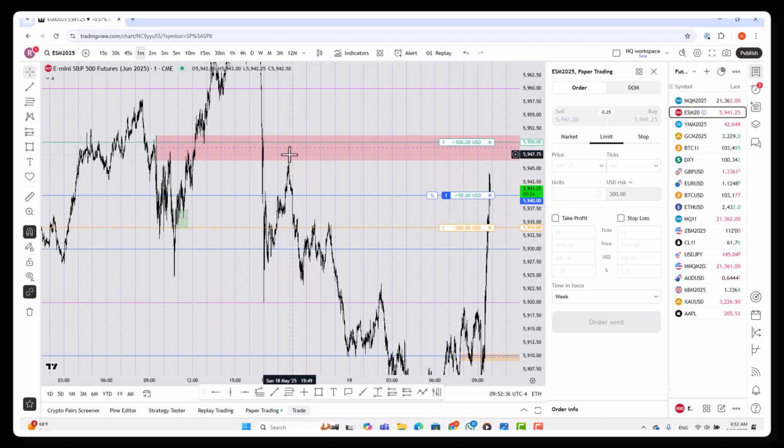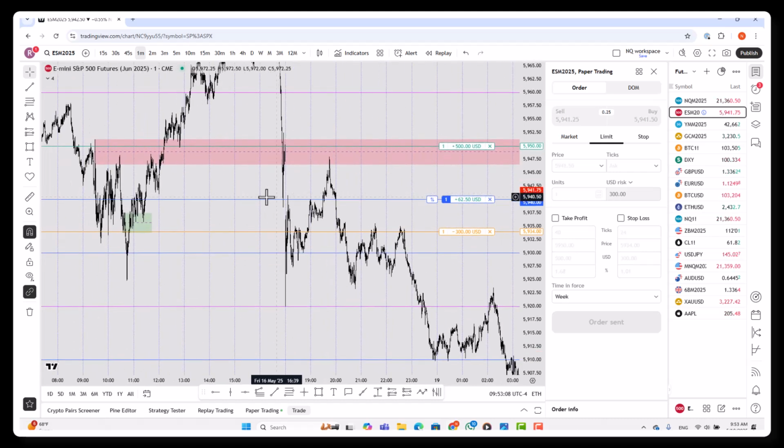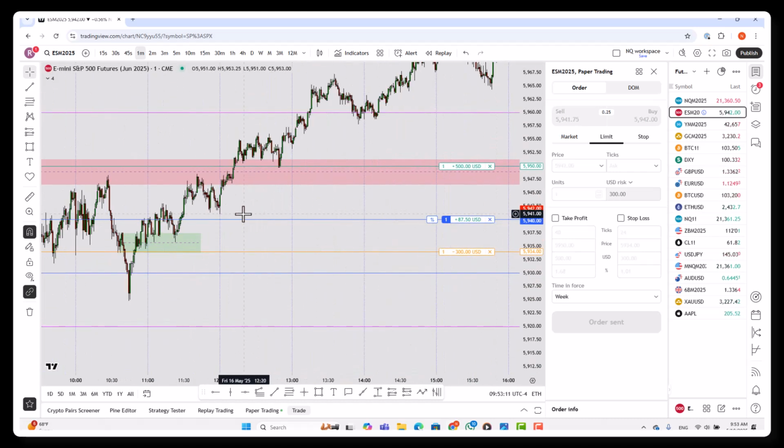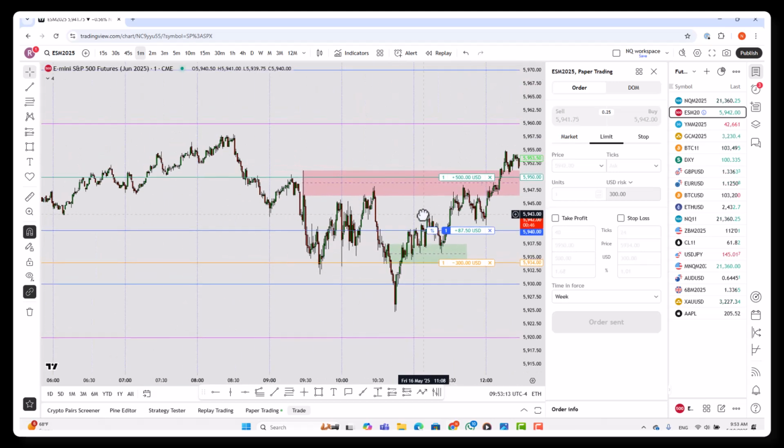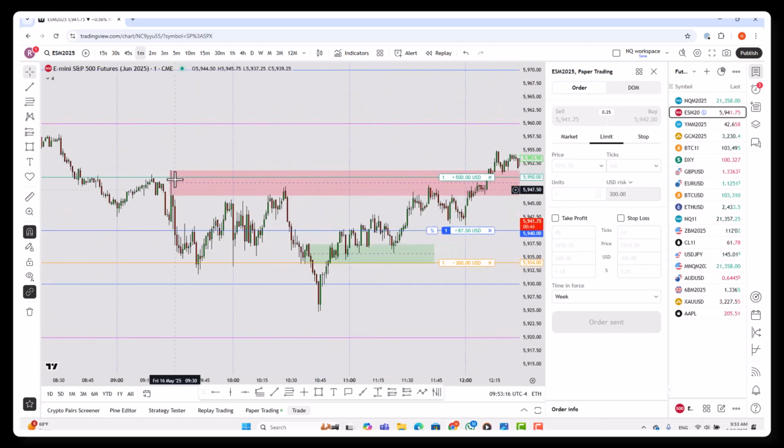So that gives me hope that my expectations can come to fruition, because this is the high of London, and this right here was a wick, this wick on Friday, a premium wick right there. That's what I'm measuring.